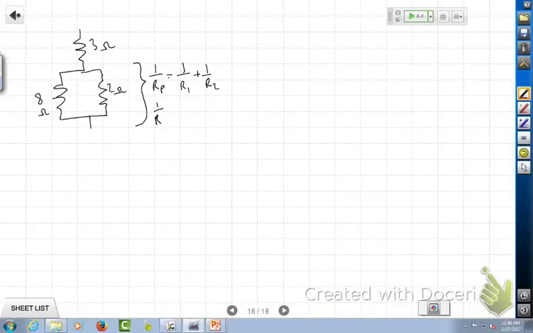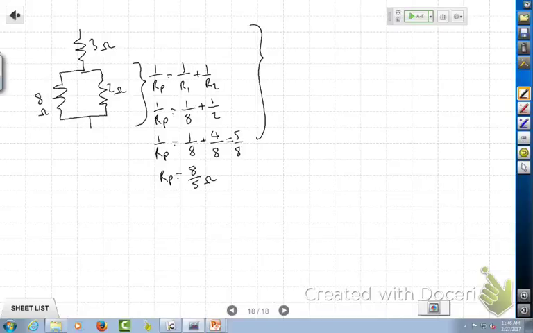So 1 over Rp is equal to 1 over 8 plus 1 over 2. 1 over Rp is equal to 1 over 8 plus, multiply both sides, top and bottom, by 4, 4 over 8, which equals 5 over 8. So Rp is equal to 8 over 5. I'm going to leave it like that, actually.